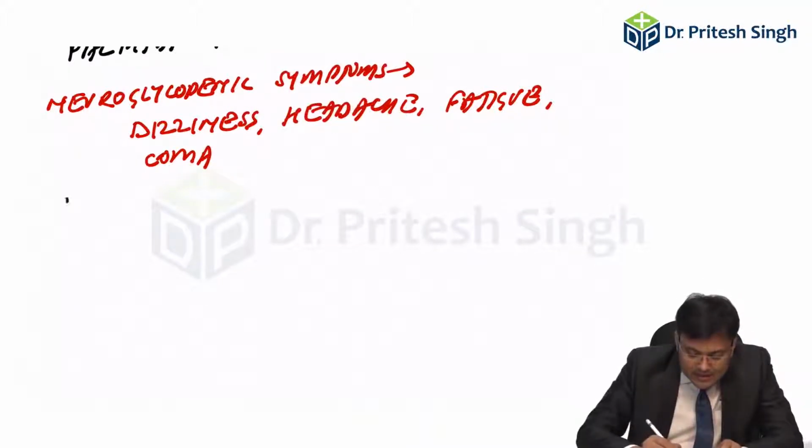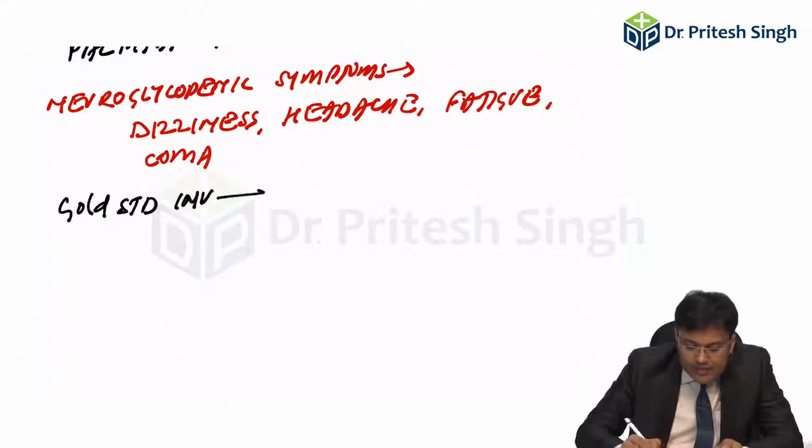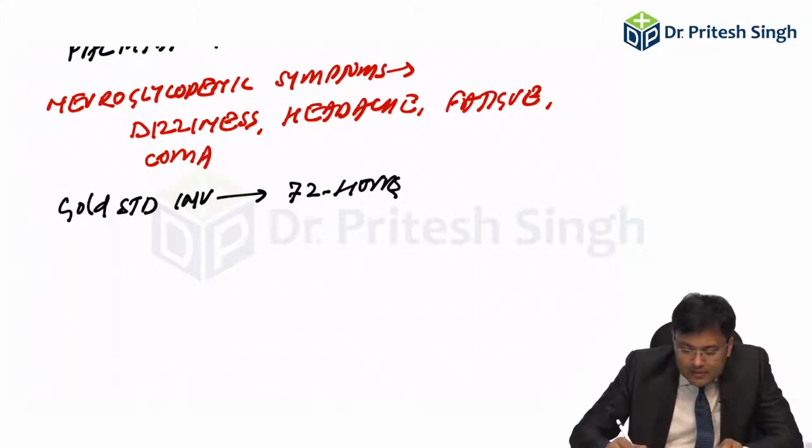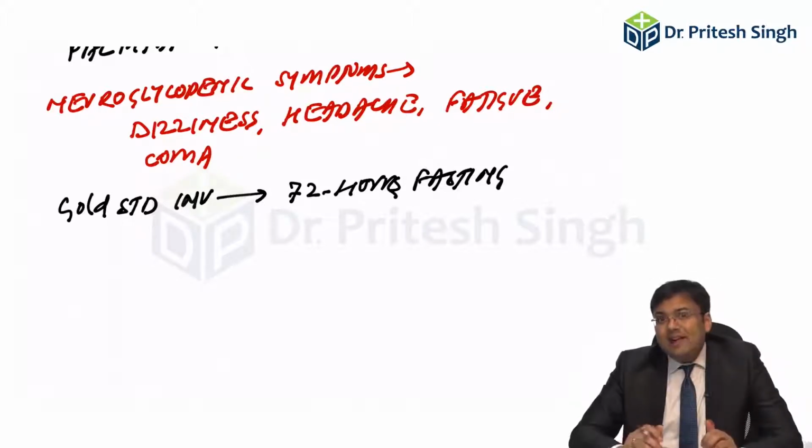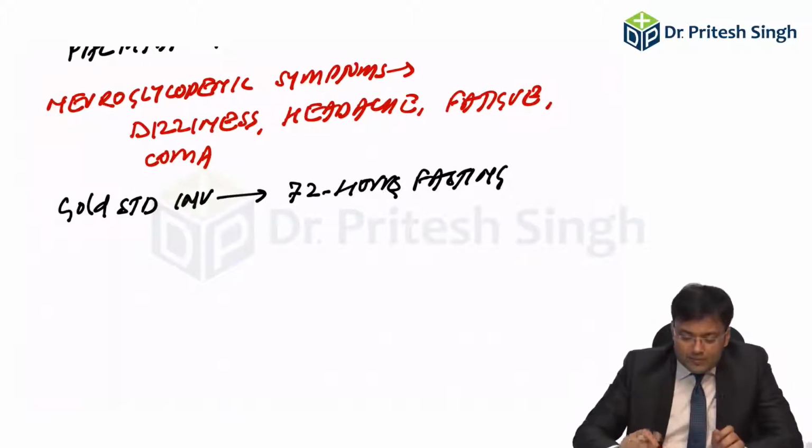Gold standard investigation for diagnosis is 72 hours fasting. In this case, patient is allowed to fast in a controlled setup in laboratory, and every half an hour patient blood sample is being taken for assessment of level of insulin and the glucose.